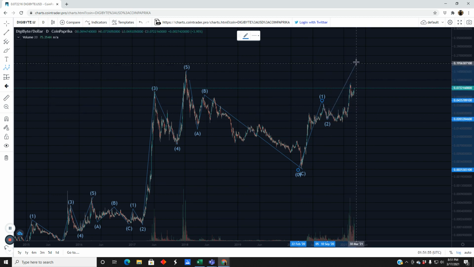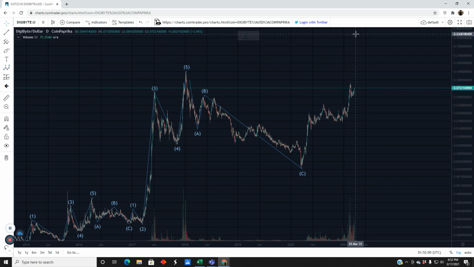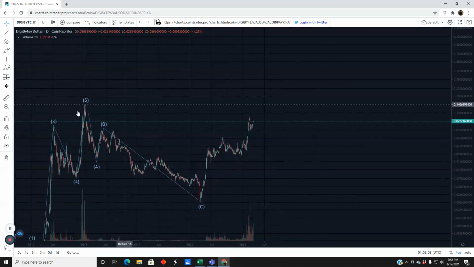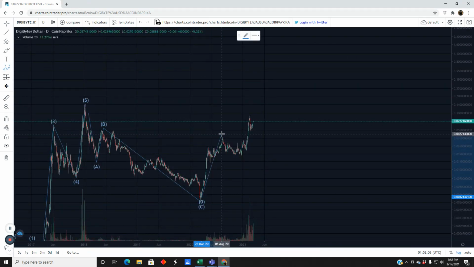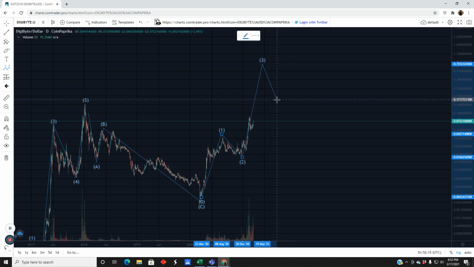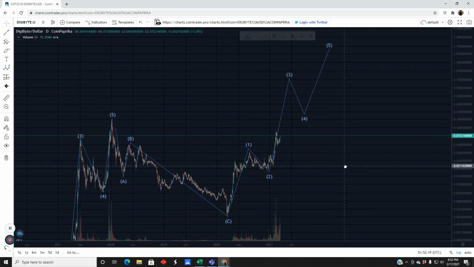Wave 3 probably breaks this high, maybe goes around 60 cents or so. Let's do that again. So 1, 2. Let's just say it goes up here and then has a pullback, a scary pullback, and then has its final wave up here.